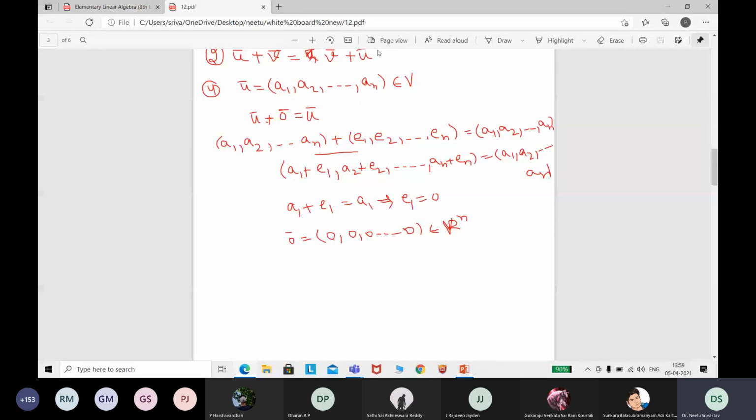After getting this, in general, I will add this to u. Let this be any number which when added to the u vector will give you the u vector back. So u plus E vector is equal to u vector.